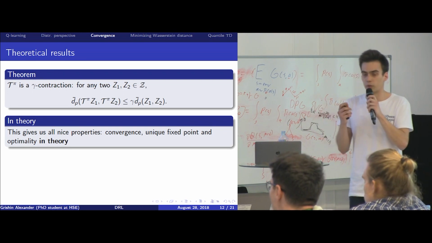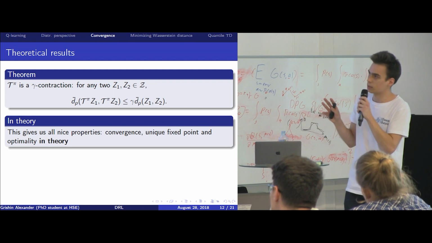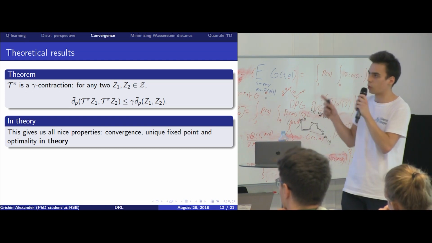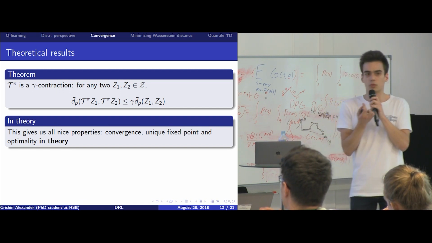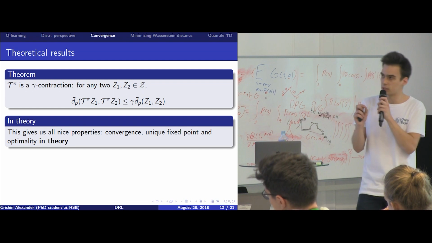So for now, in theory, just in theory, it gives us all the above nice properties: convergence, unique fixed point, and optimality.